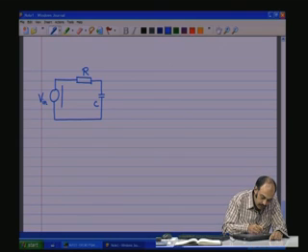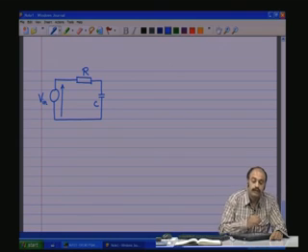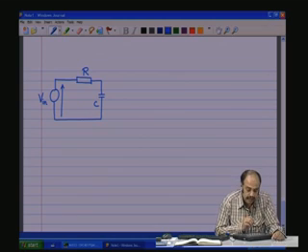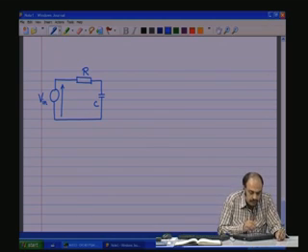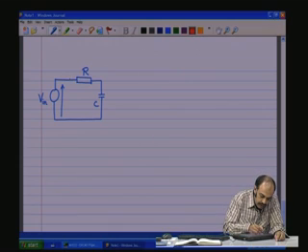So, V in is the voltage that we are going to use as the reference. Just by looking at this, we see that there is of course going to be a current which is flowing through this, and that we call I.